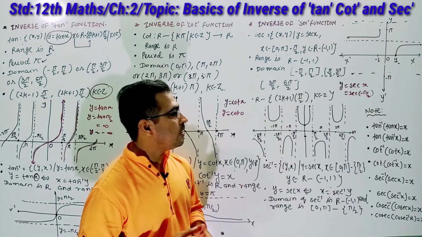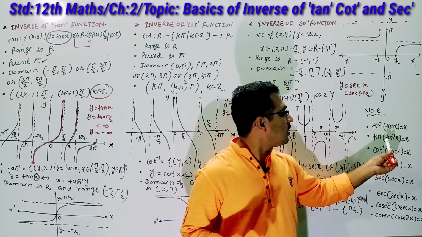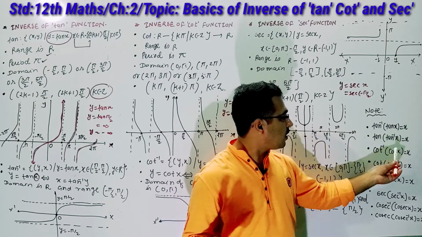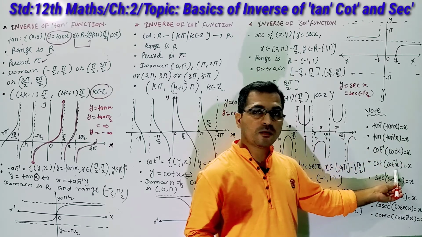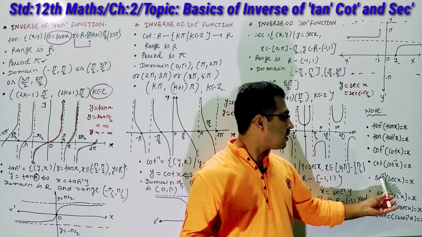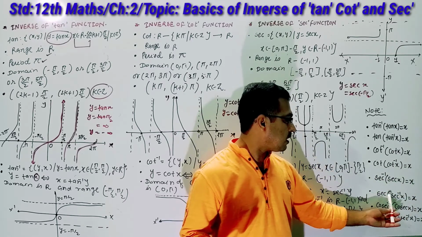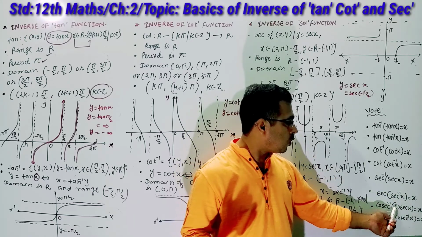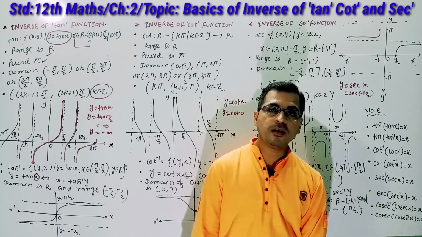You can note over here: tan inverse of tan x will be x, tan into tan inverse x will be x, cot inverse cot x will be x, cot into cot inverse will be x, sec inverse sec x is equal to x, sec into sec inverse will be x, cosec inverse cosec x will be x, and cosec into cosec inverse will be x.